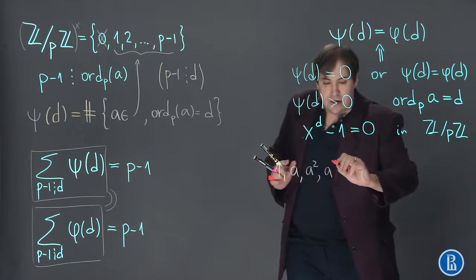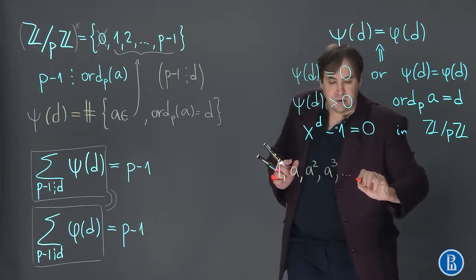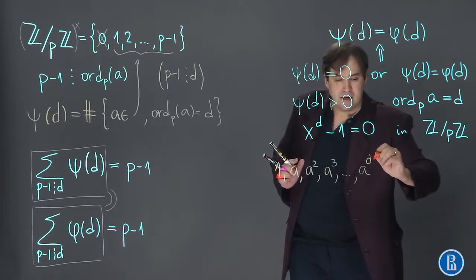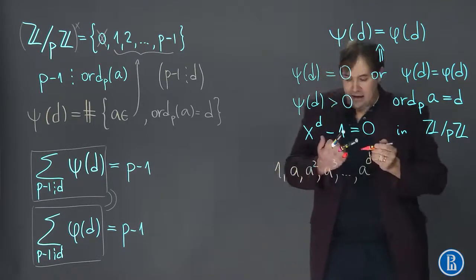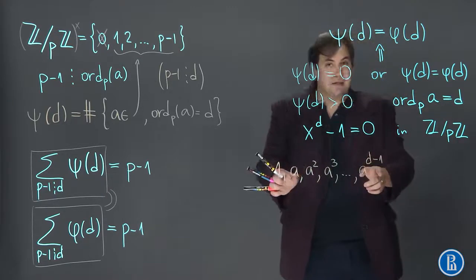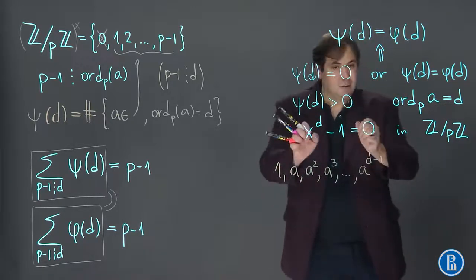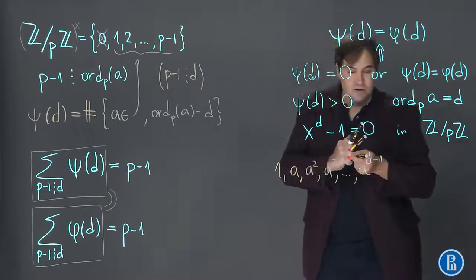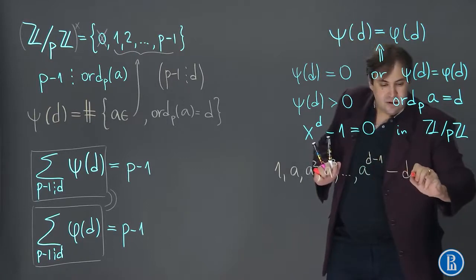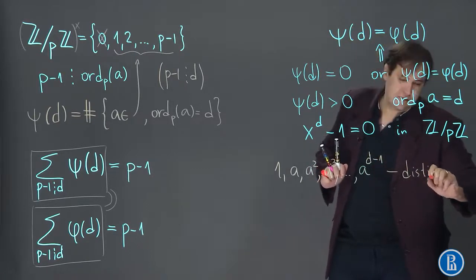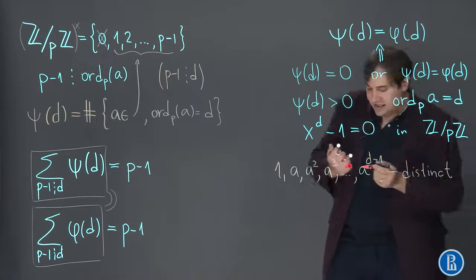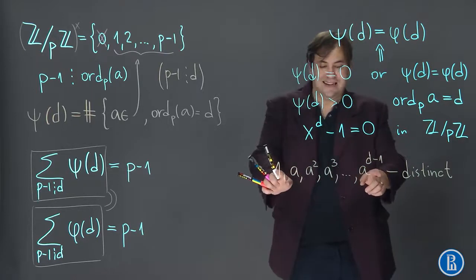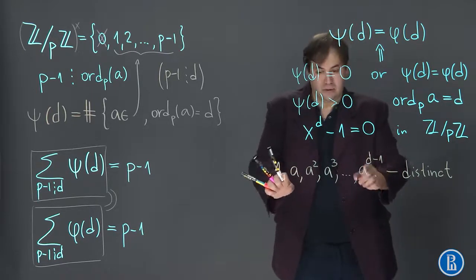And also a cubed, and so on, up to a to the power d minus 1. All these elements are roots of this equation. All of them are distinct roots, because d is the order of a, so none of these can be equal to each other.